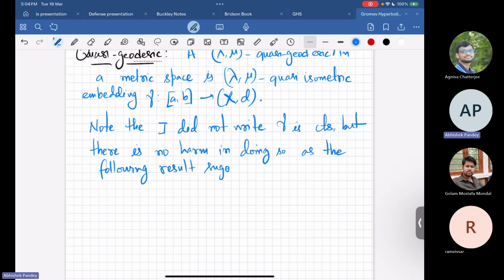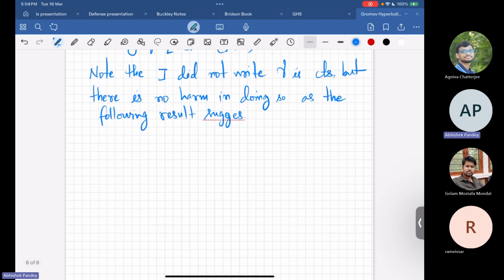It says that if we have any quasi-geodesic, meaning a (lambda, mu) quasi-isometric embedding from an interval to the space X, one can find a continuous (lambda, epsilon') quasi-geodesic with the same endpoints, satisfying some particular properties: it is within a particular Hausdorff distance of the earlier quasi-isometric embedding. So it is known as the taming.